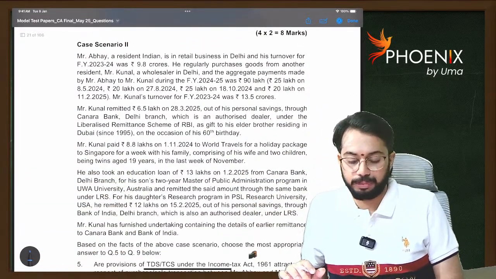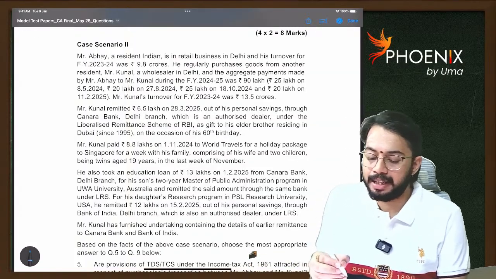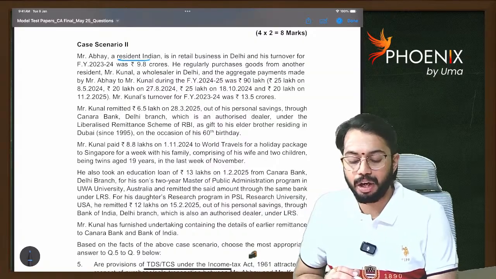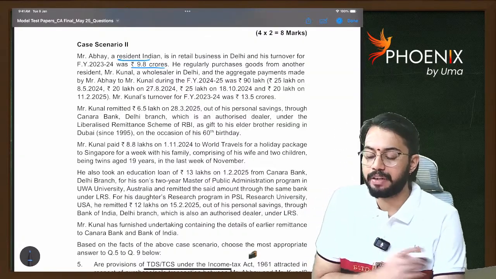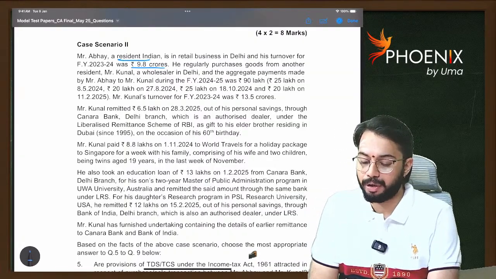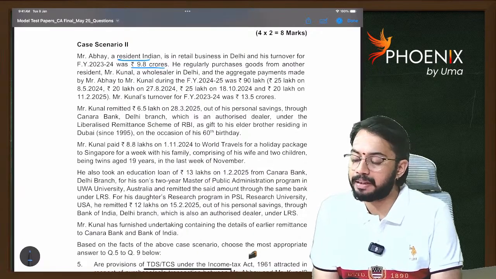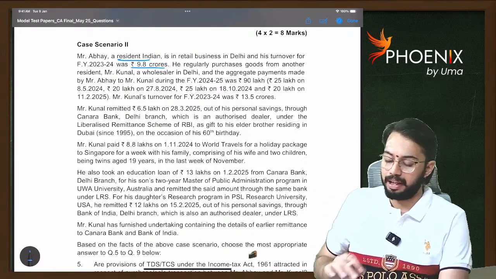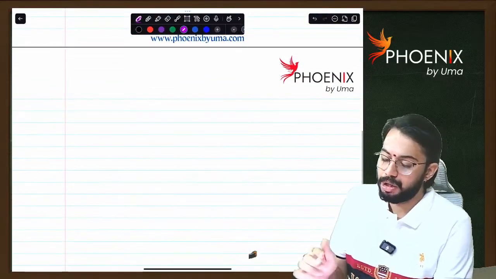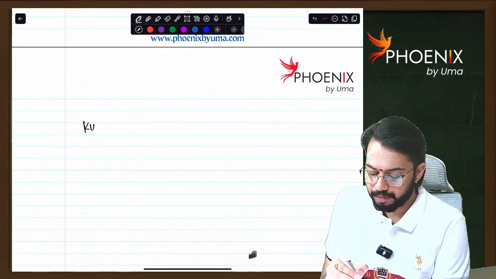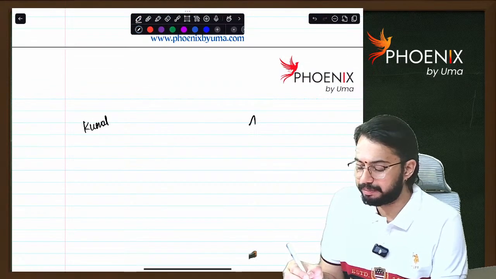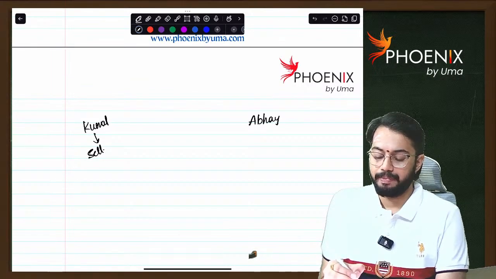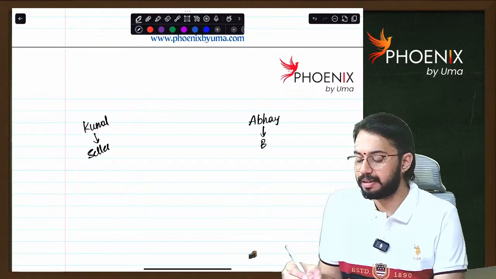Case scenario 2. Mr. Abhay, a resident Indian, is in retail business in Delhi and his turnover for financial year 23-24 was 9.8 crores. He regularly purchases goods from another resident, Mr. Kunal, a wholesaler in Delhi. So there are two persons, Kunal and Abhay. Who is seller? Kunal is seller. Who is buyer? Abhay is buyer.